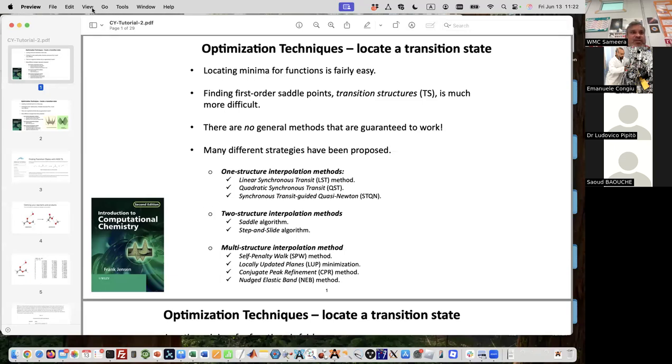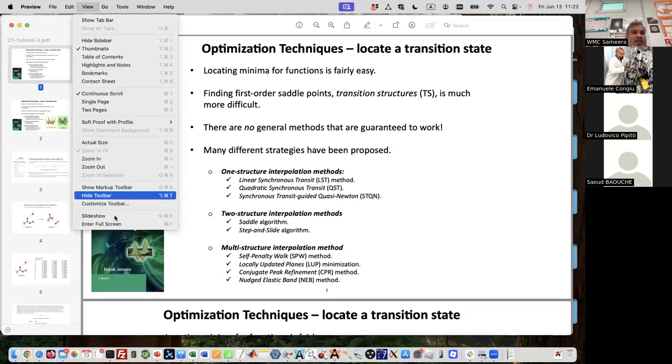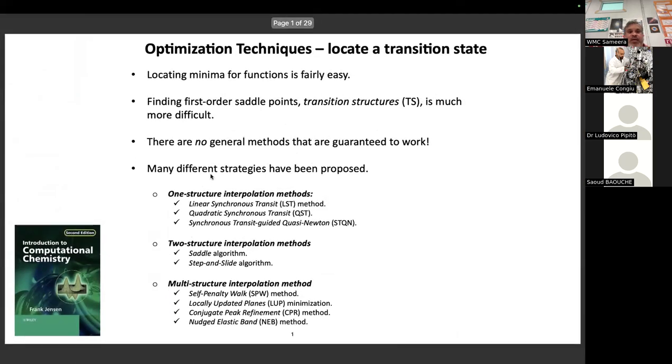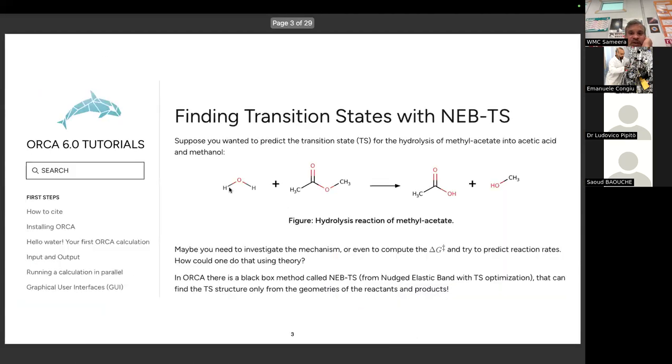Maybe the PDF version will work. Okay, the PDF version seems to be working.